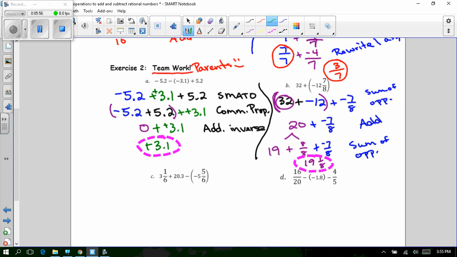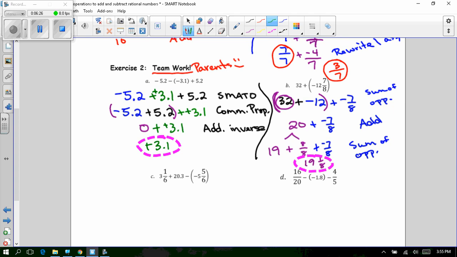So then I have negative 5.2 and added 5.2, and I used the commutative property that lets me flip-flop those. Remember, I talked about that in lesson 8. Then I realized negative 5.2 and positive 5.2 are additive inverses, so those become 0, and my answer is just 3.1.